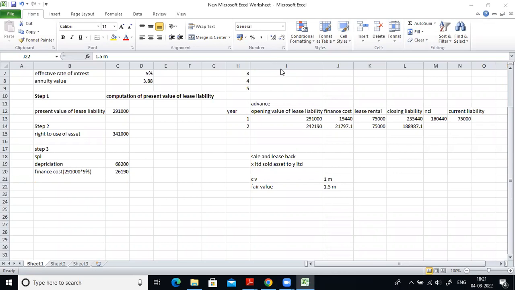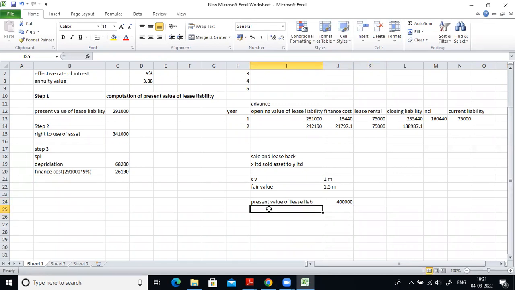So whatever IFRS 16 says, in case of sale and leaseback, generally how we get the right to use of asset is nothing but the present value of the lease liability. Suppose in this case, I'm just assuming that the present value of the lease liability is 4 lakhs.